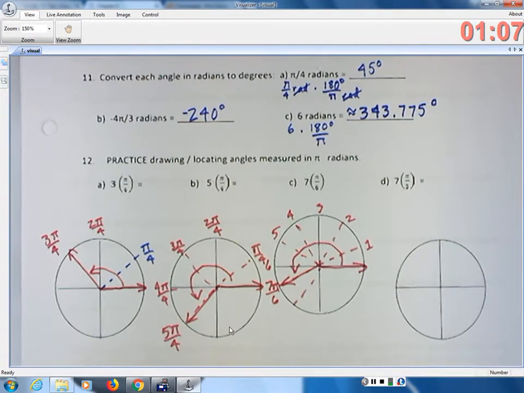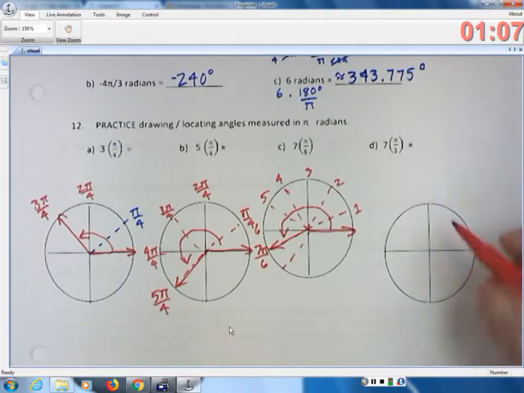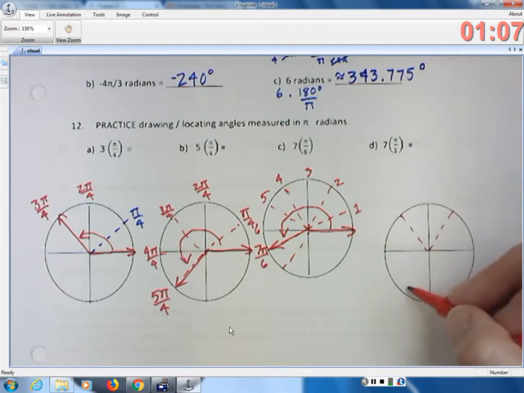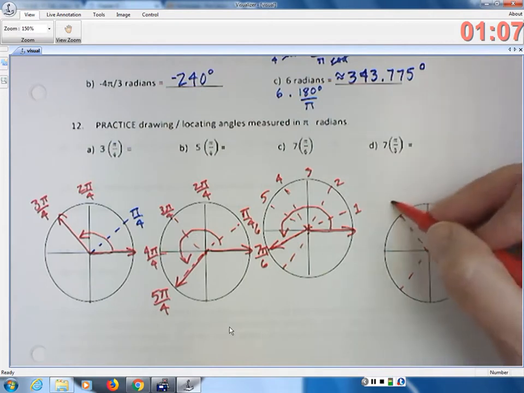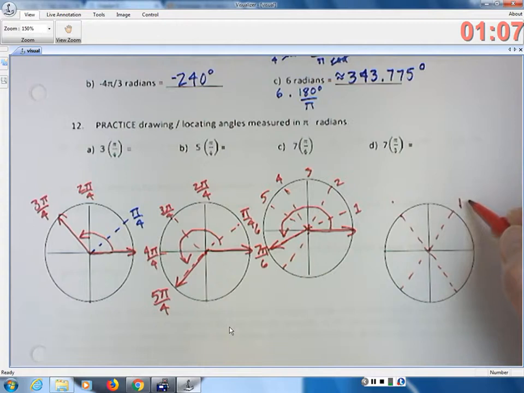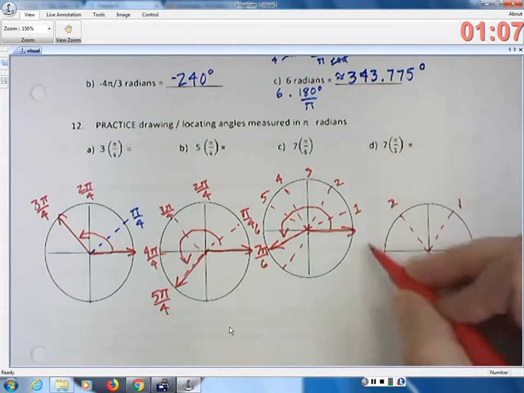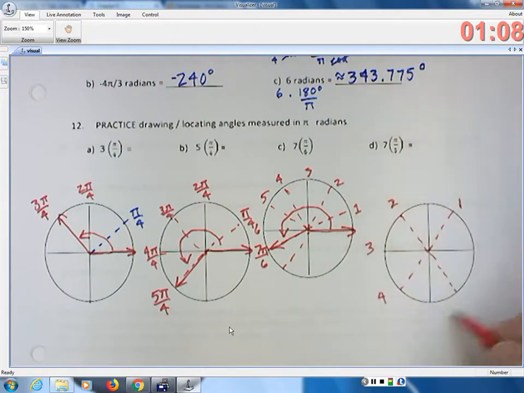And if we want to do 7 pi over 3, that's 60 degrees each, like that. 1, 2, 3, 4, 5, 6, 7 pi over 3.